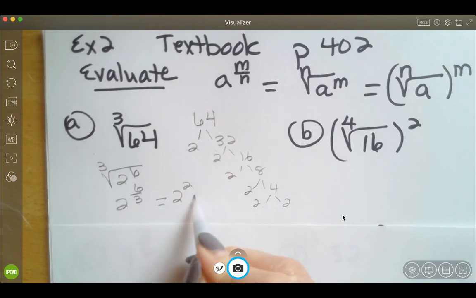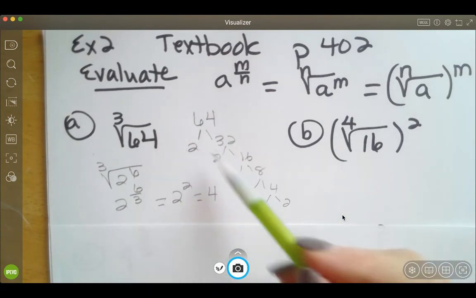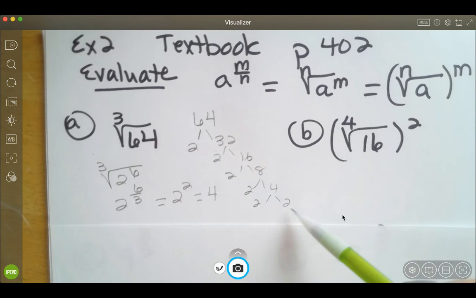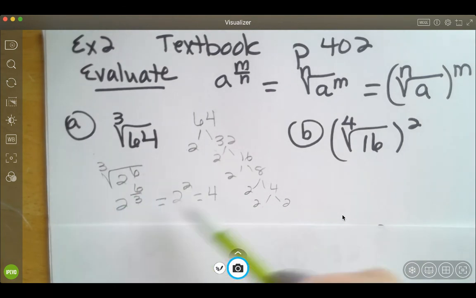And 2 squared is 4. So all you're going to have to do, if you don't know these numbers, is to prime factor. This is 1, 2, 3, 4, 5, 6, so that's 2 to the 6th. Remember the pattern, 6 over 3, that's 2, and then 2 squared is equal to 4.